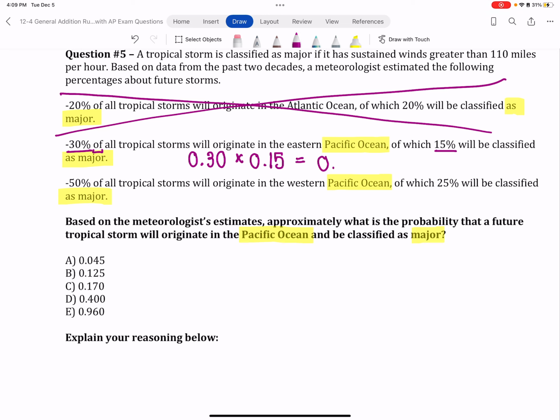So we end up getting 0.045. And here it's of again, so we have 50% or half of 25%. And we end up getting 0.125. So you probably already guessed it, we are going to add these 2 probabilities up.